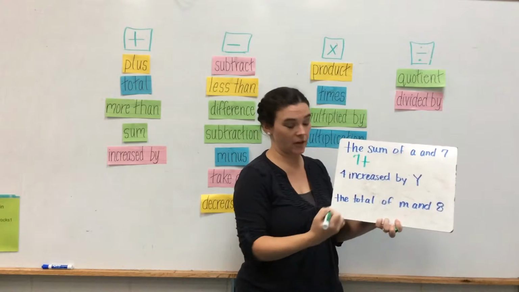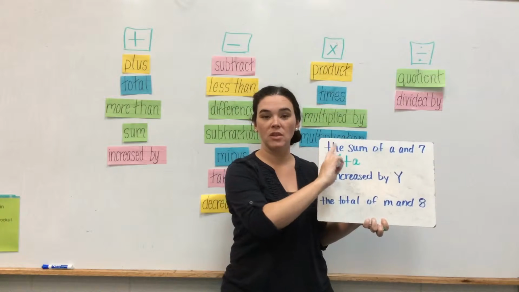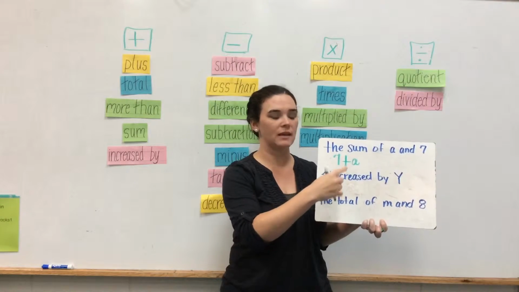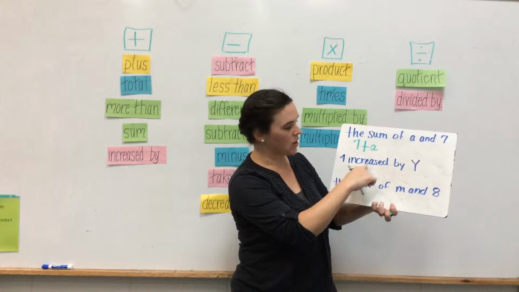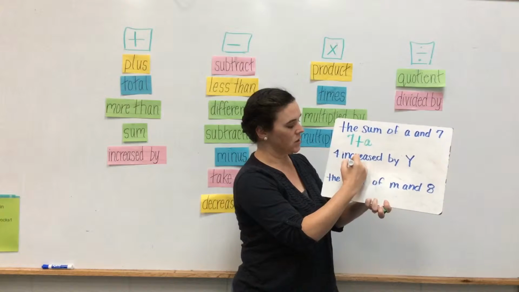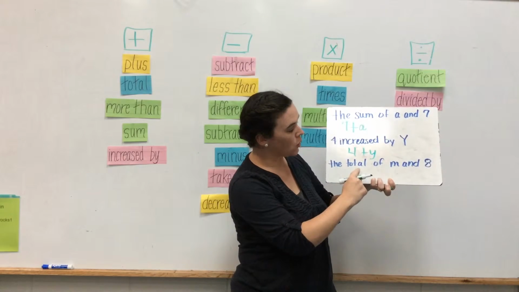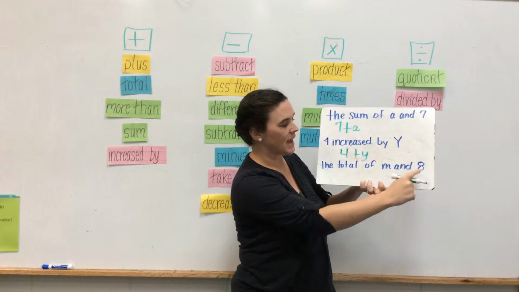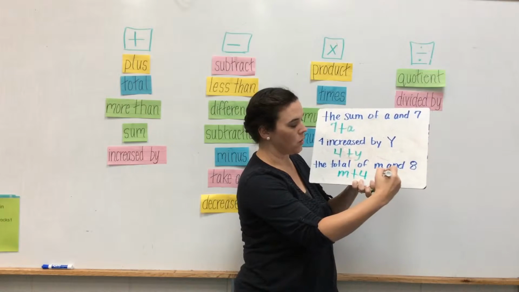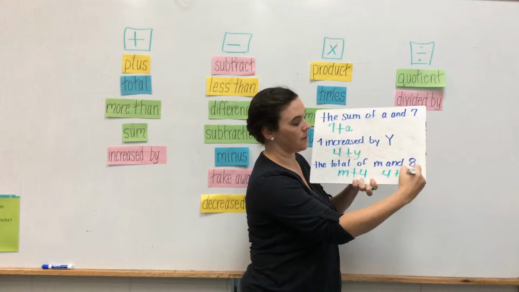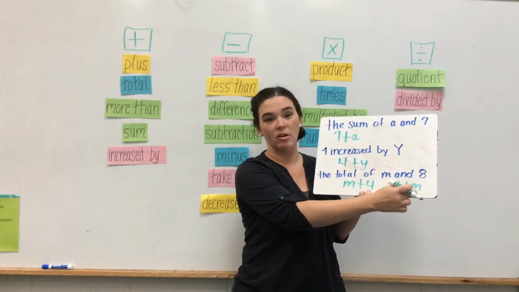I'm going to put 7 first and then A. Because this has the commutative property, I can put either one first, but if I think algebraically, the number always comes first. 4 increased by Y is going to be 4 plus Y. The total of M and 8 is going to be M plus 8 or 8 plus M. They are both right, but because we're going to think algebraically, we always want that variable to come second.